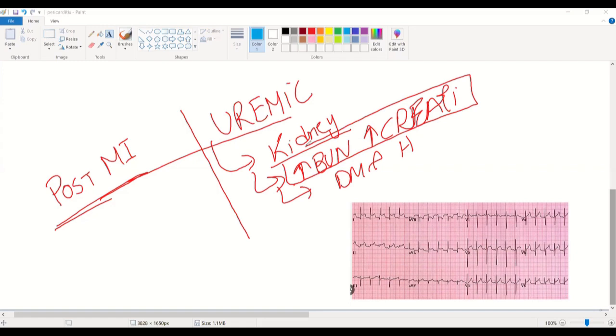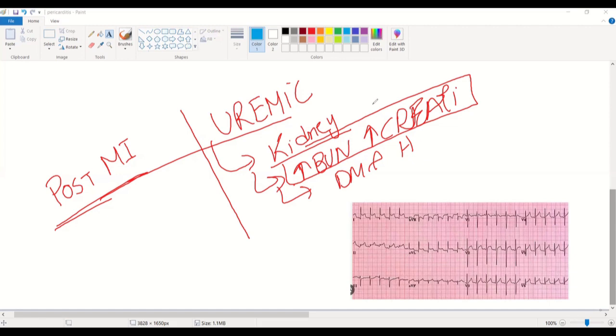What about the ECG changes in uremic pericarditis? Is there ST segment elevation present in uremic pericarditis or not? I'm not sure. Can anybody tell me? Wide ST segment elevation or depression? No, this is again a high yield point. The post-MI pericarditis shows ST segment elevation.